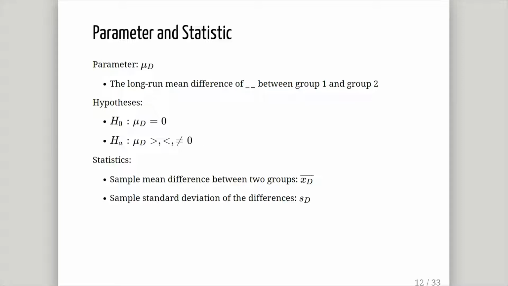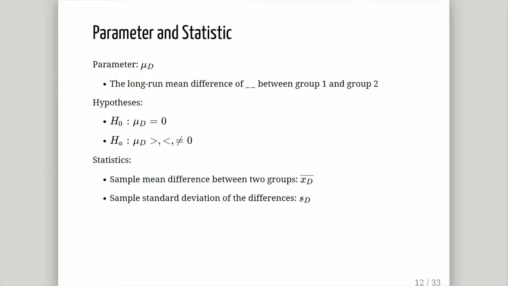Okay, last little bit. In paired designs, since we're working with one quantitative variable, here's what our parameter will be. It'll be the long run mean difference of whatever you're studying between the first group and the second group. So you can notice here there'll be some blanks, such as the long run mean difference of blank, and then you'll have to tell us what group 1 is and what group 2 is in context of the study.